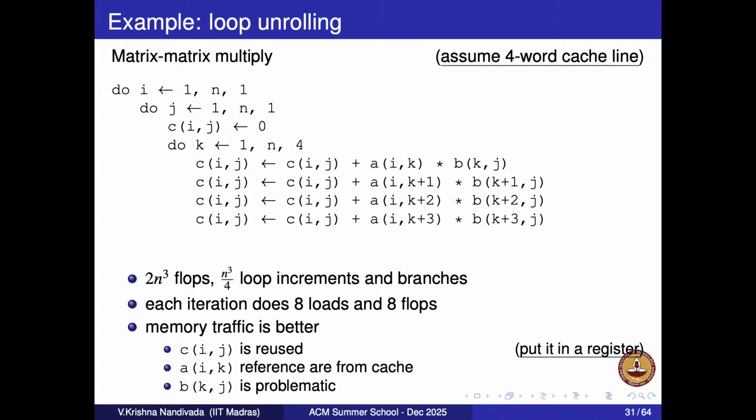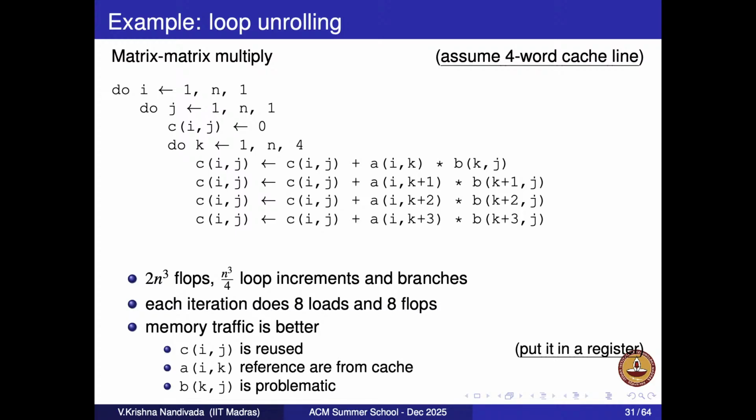The do I loop, I made it 1 to n with step 4. I have unrolled it by a factor of 4. If I unroll, the body has to be repeated: once, twice, thrice, 4 times.